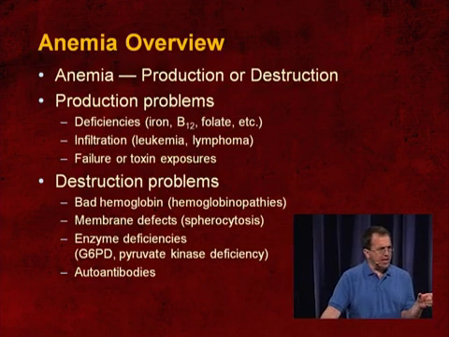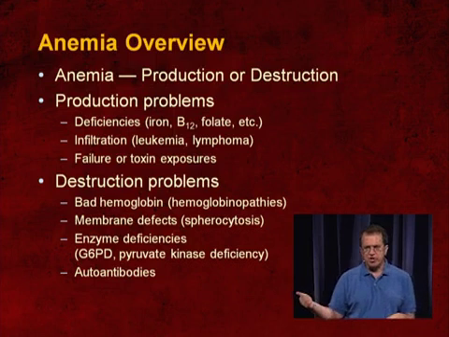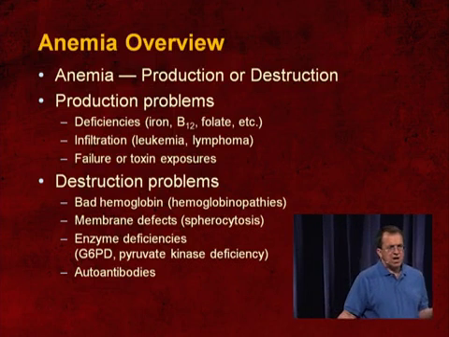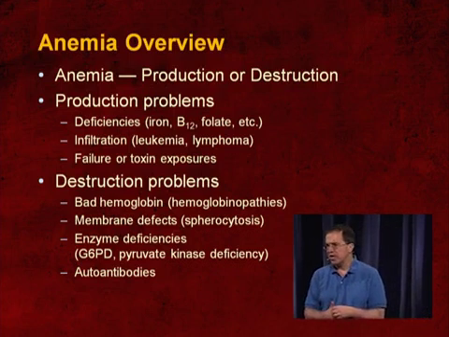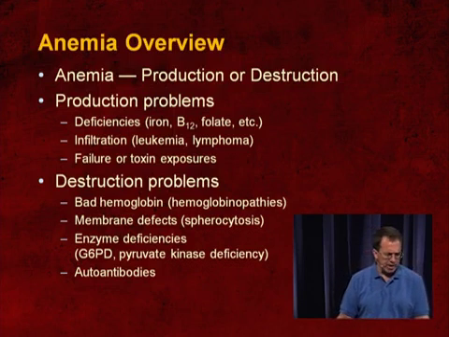So it can be a bad hemoglobin that's going to give the red cell a shorter life. It can be a defect in the membrane, like spherocytosis or elliptocytosis. Or it can be a deficiency of some of its own machinery, enzyme deficiencies, G6PD, pyruvate kinase. And then the last way that we can get destruction is our body just deciding to knock off some red cells with the immune system, autoantibodies.